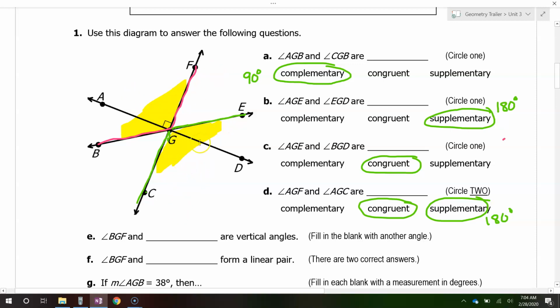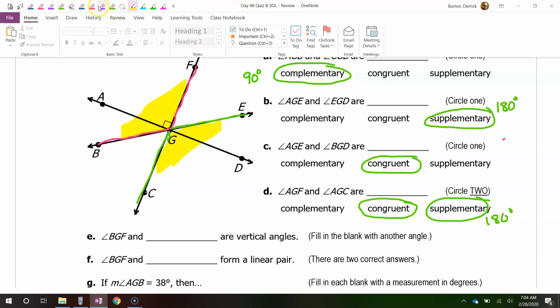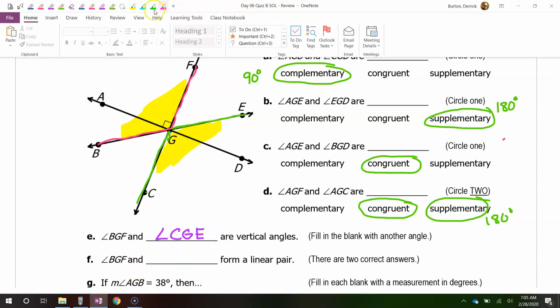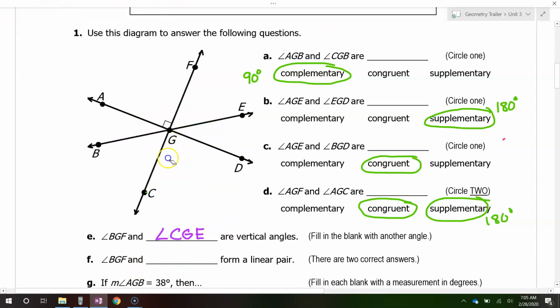And so we can call this angle, the green angle, CGE, for example. Angle CGE. Or EGC, either way.